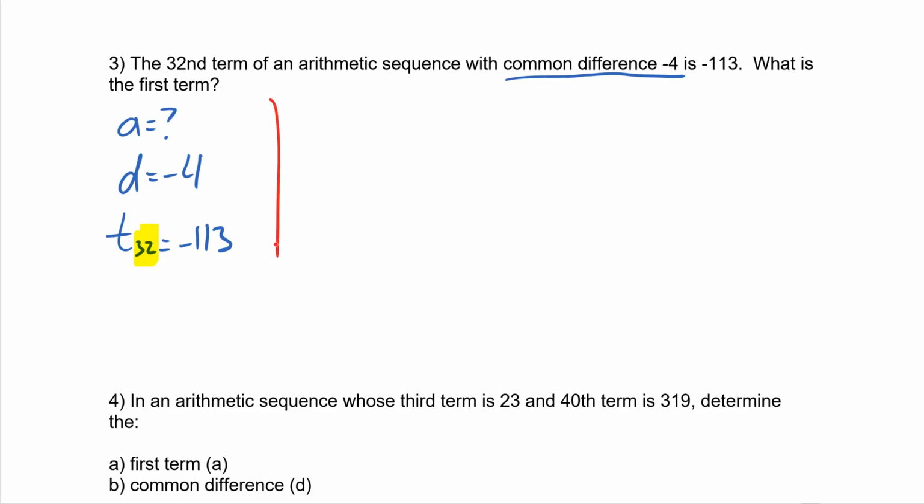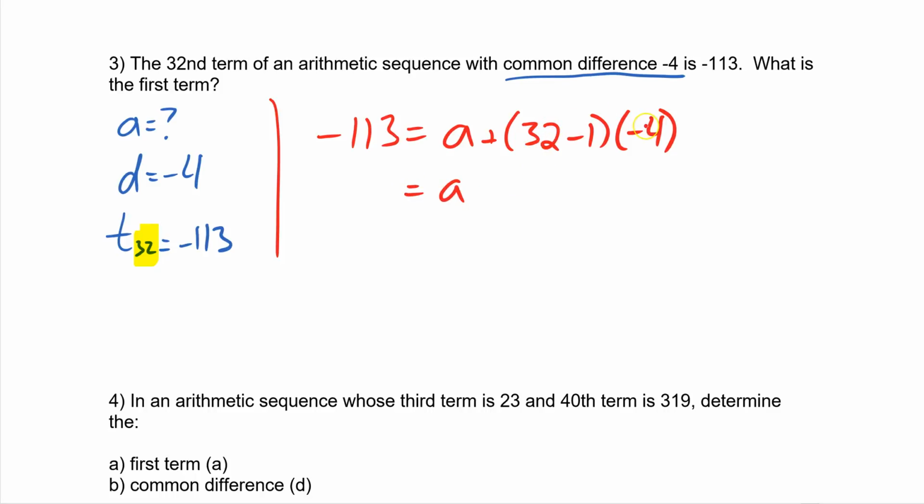So again, I'm going to use the formula. I'm going to put everything where it needs to go. But this time, we're going to be figuring out what a is. So a plus n minus 1, now n is 32 minus 1 times d is negative 4. And again, this is an equation I can solve.